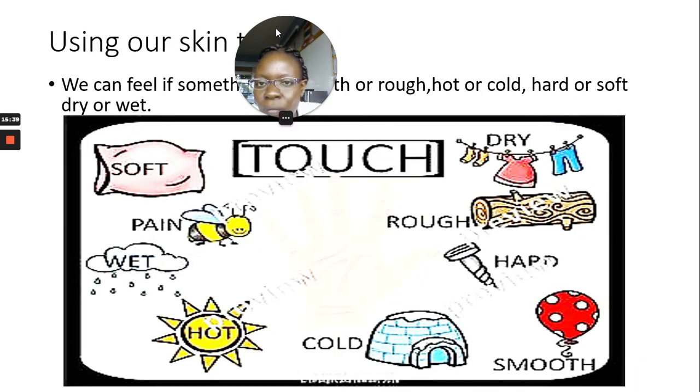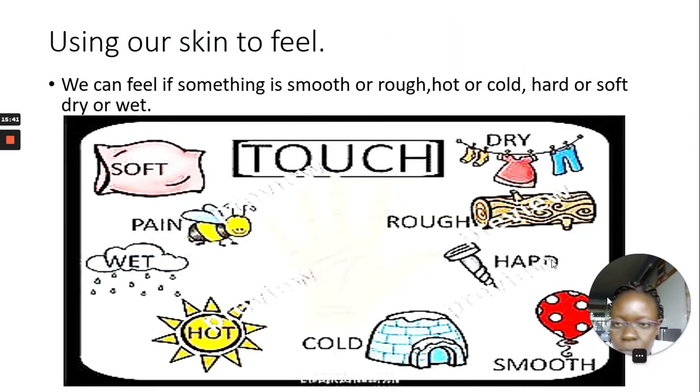Like I said before, using our skin to feel, we can feel if something is smooth or rough, hot or cold, hard or soft, dry or wet. This pillow, how does it feel? It's soft. When it rains, it's wet. The sun is hot.